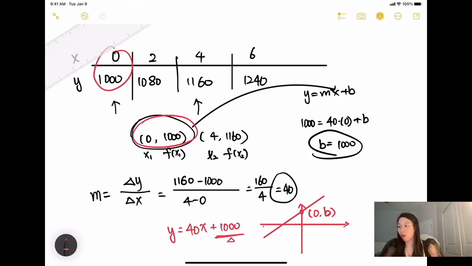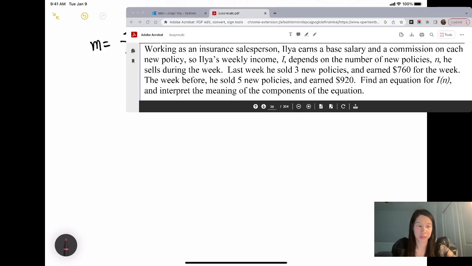Okay, the next one is going to give you an application problem, which, since this is business calc, we're going to use a lot. Let me show you an example. Working as an insurance salesperson, Eli earns a base salary and a commission on each new policy.